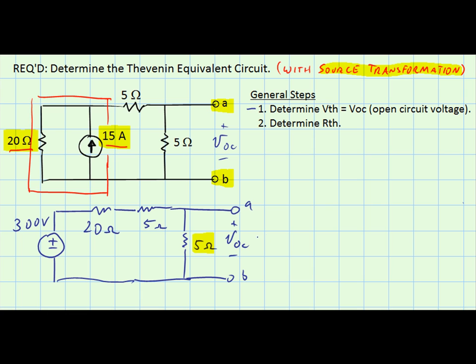And so using voltage division, VOC is the 5 ohms over the total resistance that's in series, which is 30 ohms, times the total voltage, which is 300 volts. And when we do the math, VOC turns out to be 50 volts, which is V Thevenin.